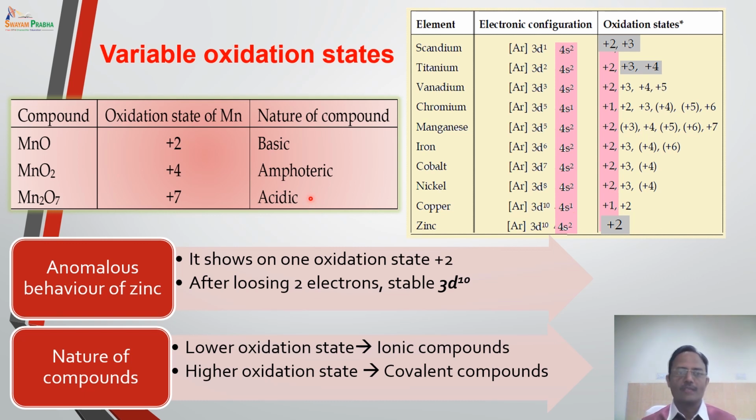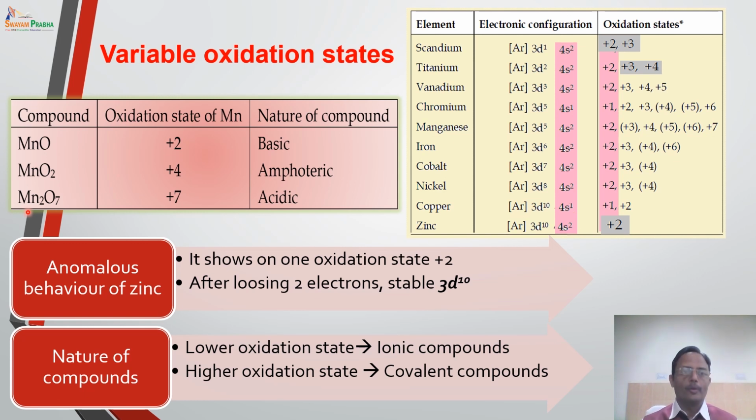Now what is the reason for this? The reason lies in the charge on the metal ion. If you see this, Mn is in +2 oxidation state. Now Mn2+ and O2- are forming the compound MnO. Now this manganese has its own polarizing power. Mn4+ will have higher polarizing power, and Mn7+ will have still higher polarizing power.